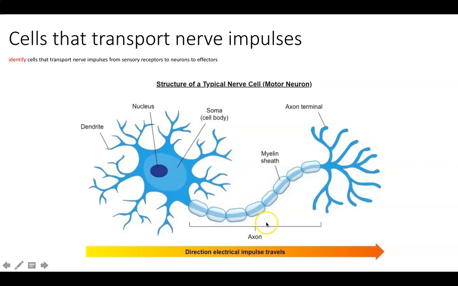This is called the axon, and it's wrapped up in this fatty-like substance, and that's called myelin sheath. That has a very important role, which we will talk about later. Then we also have the soma. That's the body, and it can change in location depending on the type of neuron, but they all have a soma with a nucleus.